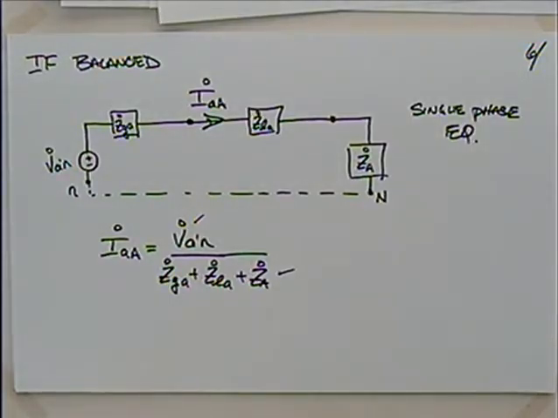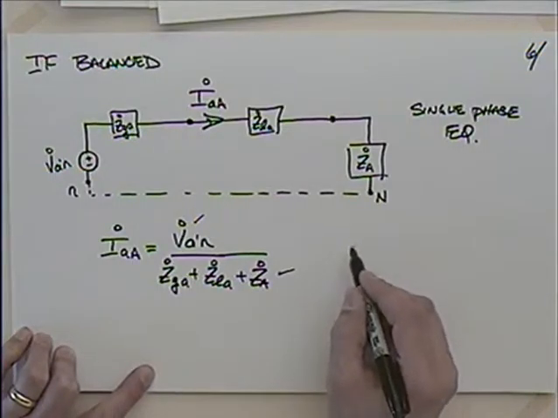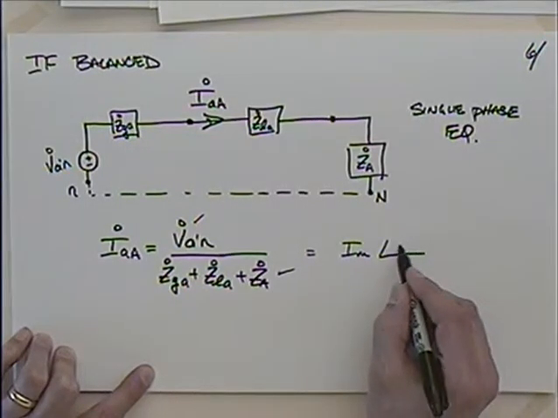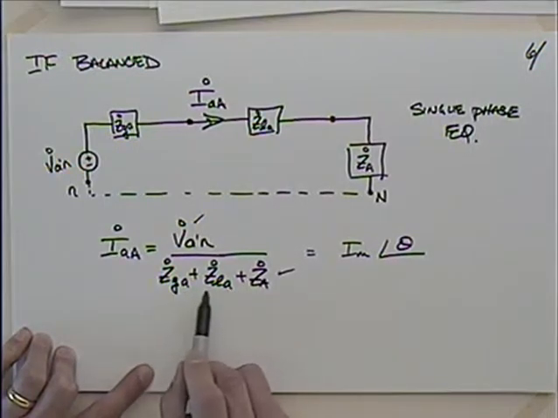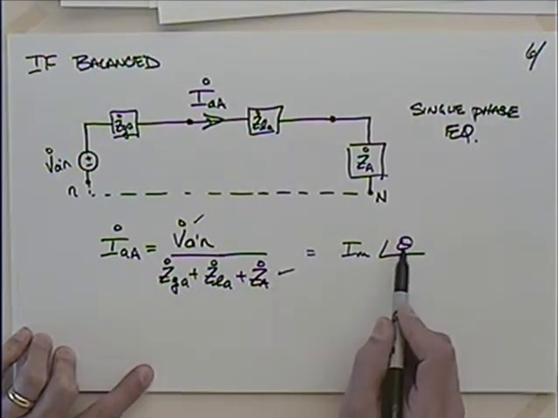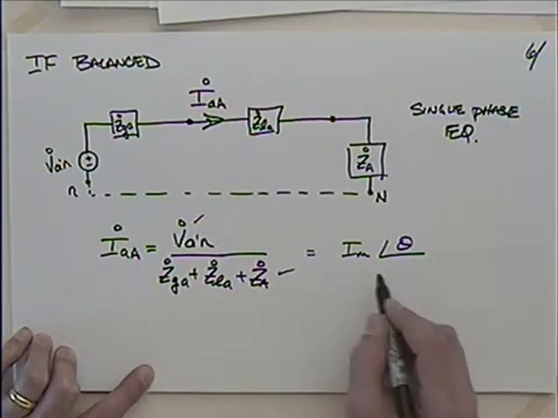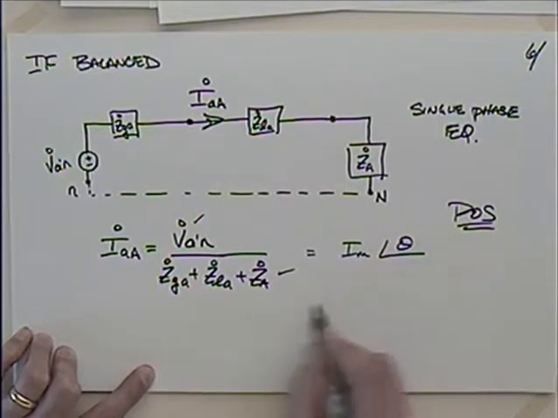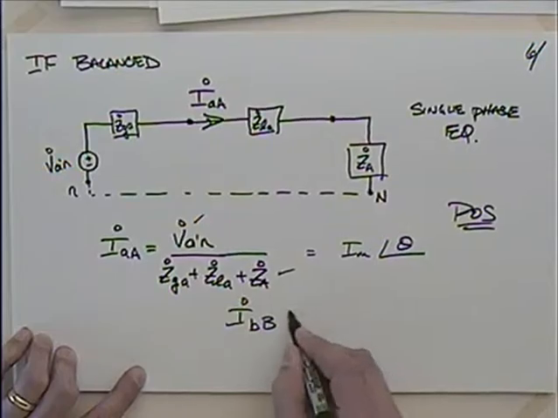So if I start out with a balanced set of voltages, my currents have to be balanced, don't they? So I could say that this would be equal to some magnitude of current at some phase shift theta. If it has some complex impedance, I'm going to have a phase shift there, right? And if we're positive phase sequence, what is I_bB going to be?